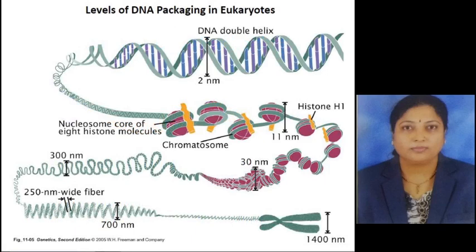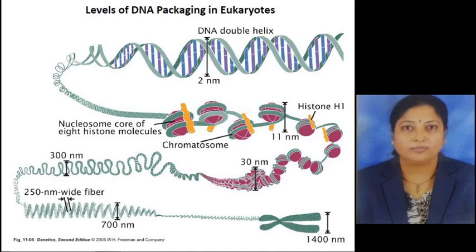In these levels of DNA packaging in eukaryotes, you can see the chromosome consists of a linear DNA molecule. It employs a different type of packaging strategy to fit the DNA inside the nucleus. At the most basic level, DNA is wrapped around proteins known as histones to form a structure called nucleosomes.